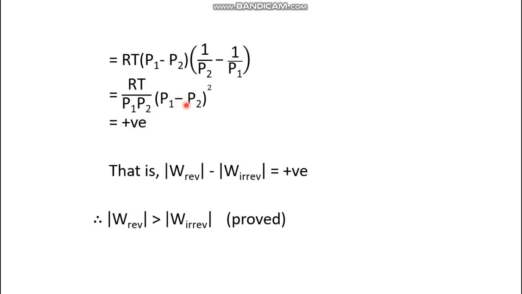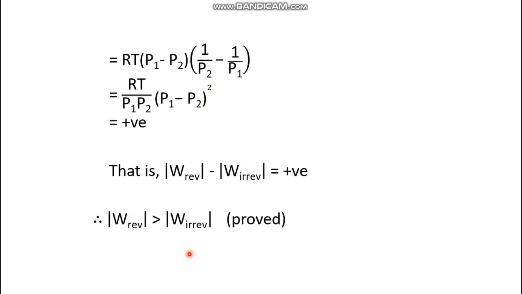The difference may be negative, but still, since there is a square term, the overall term is always positive. So the difference A minus B, if A minus B is positive, that is A greater than B. So W reversible minus W irreversible, if it is positive, that means W reversible is greater than W irreversible. So we can conclude that the reversible work done by the system is always greater than the irreversible work done by the system.